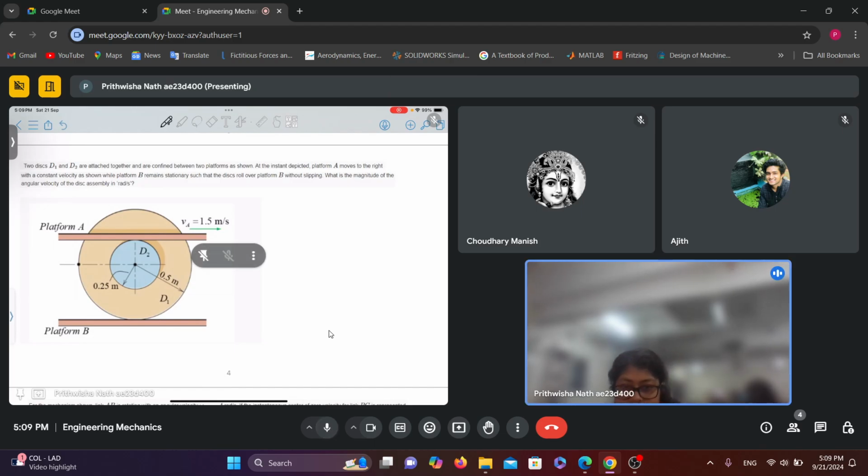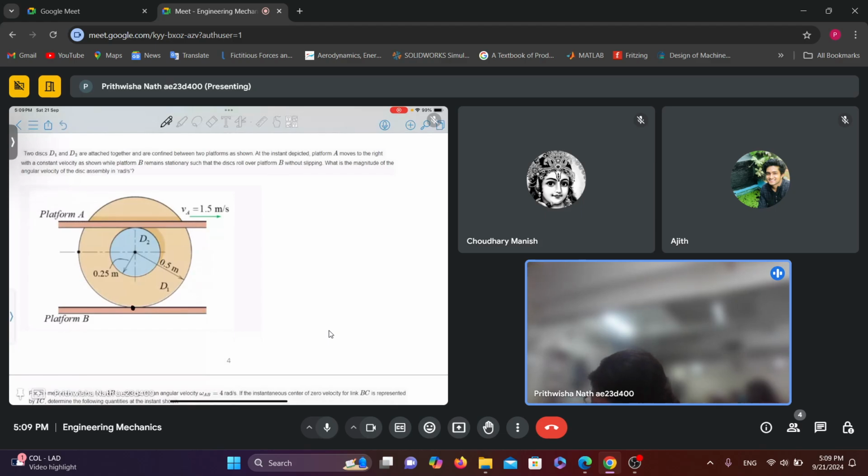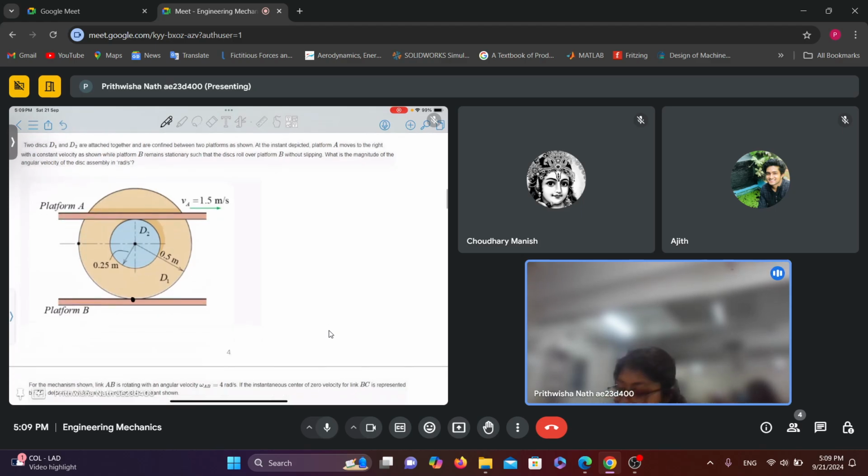So, anyone got the answer? I will calculate about this point. Can you tell me what should be the radius? What should be the r for this?